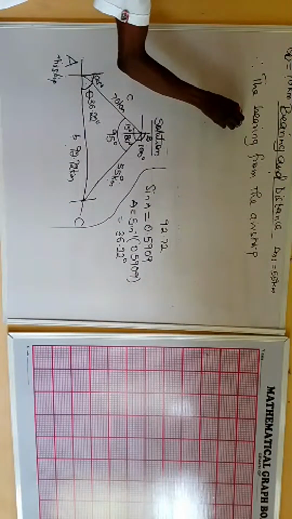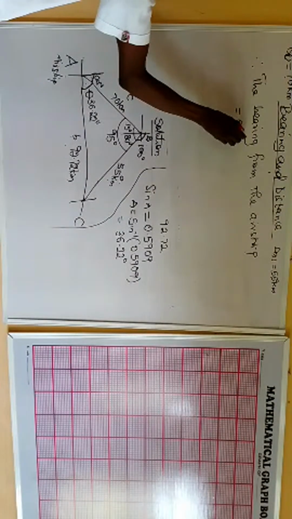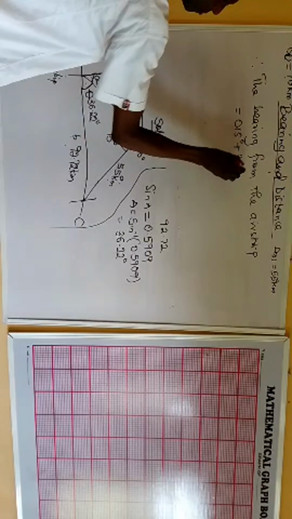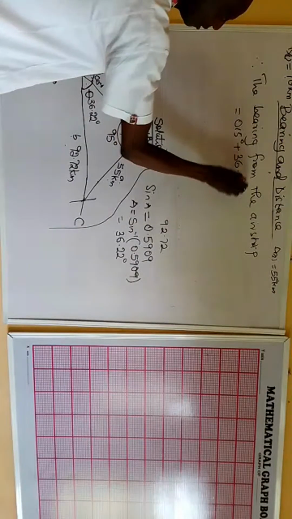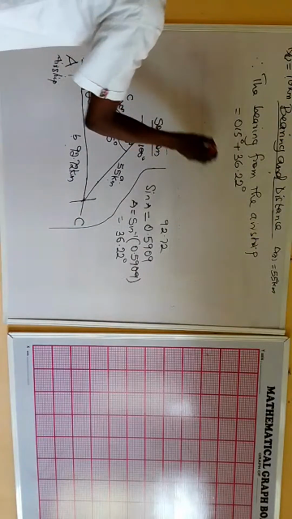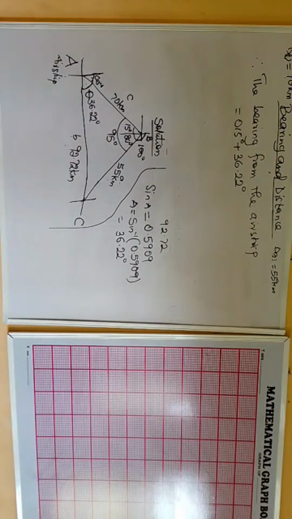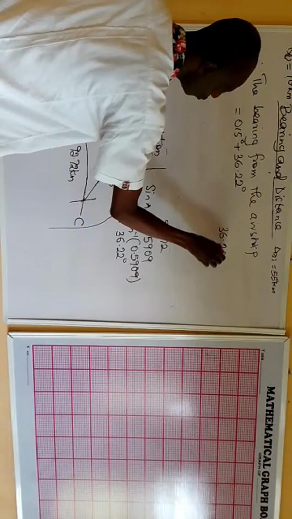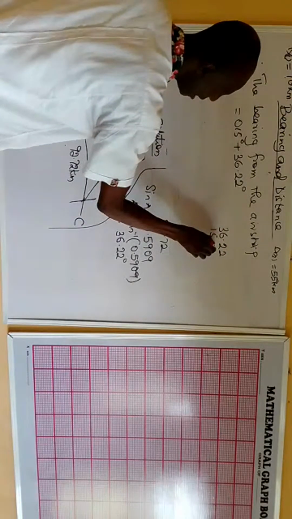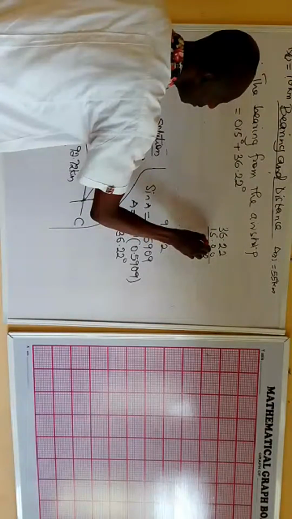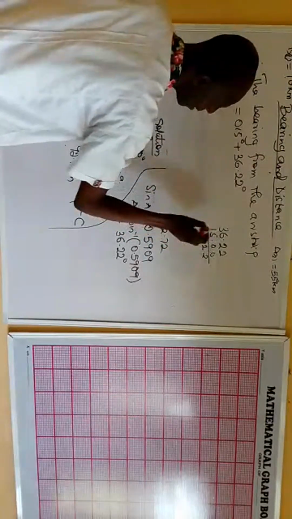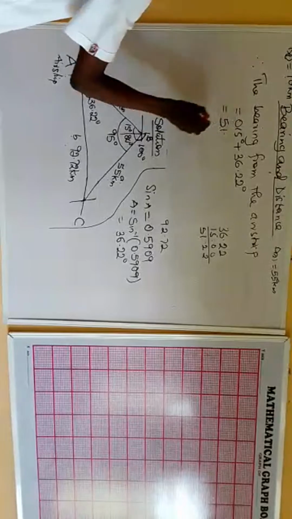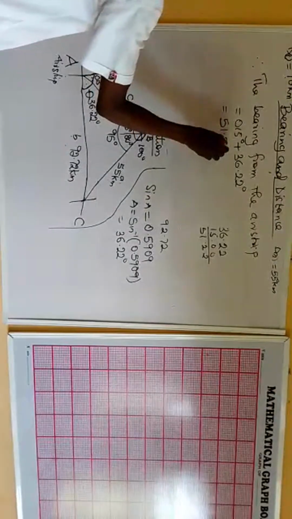Is equal to 15 degrees plus 36.22 degrees. Now, let's add it together. 36.22 and 15.00 is equal to 51.22 degrees.